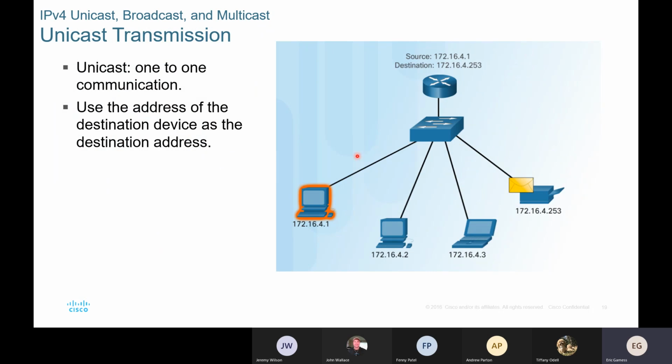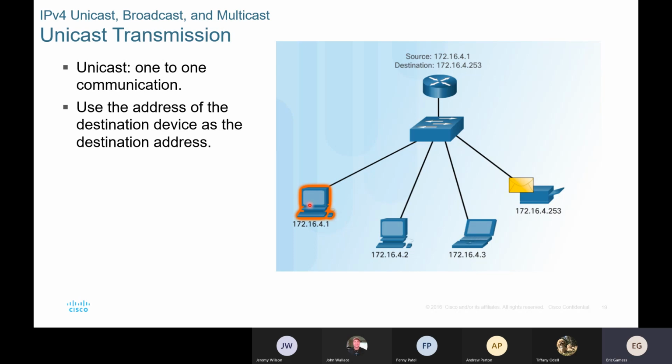So let's come back to unicast. This computer wants to send something to the printer. As you can see, each device in the network has its own IP address, and they are all different. So when this computer wants to send a packet to the printer, in an IP packet, you will have a source IP address and a destination IP address.